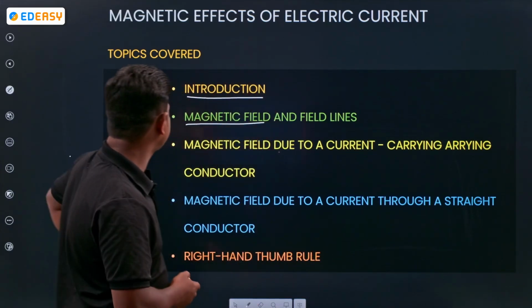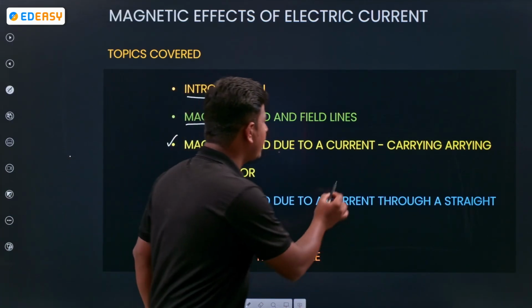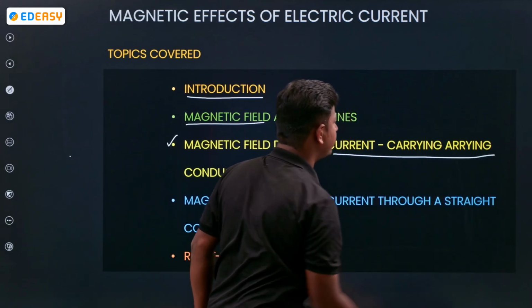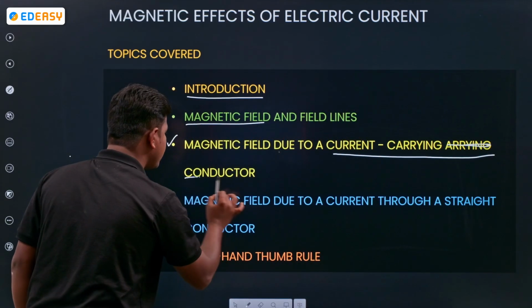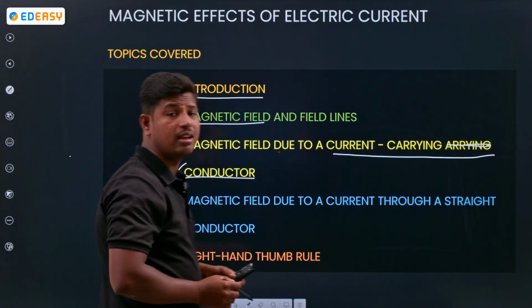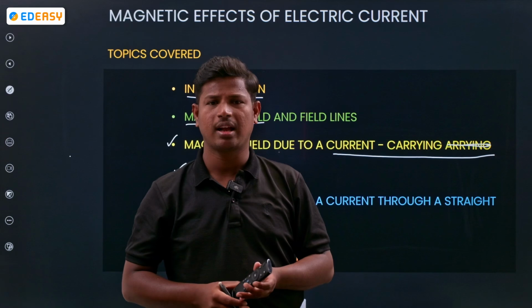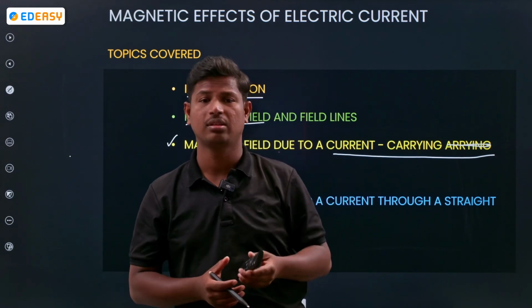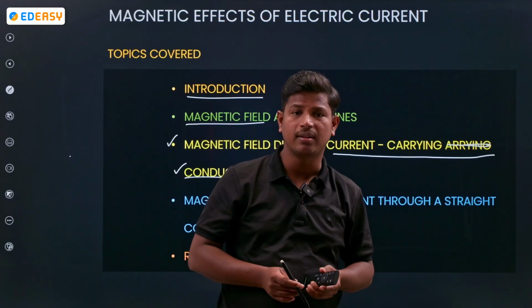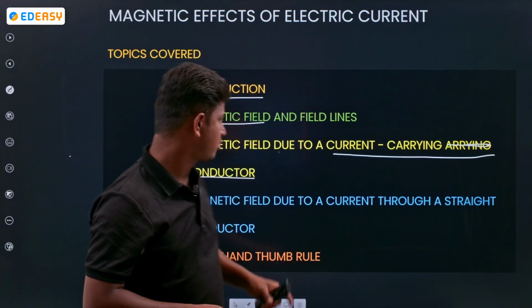Next, magnetic field due to a current carrying conductor. If you take a current carrying wire, how the magnetic field behaves, those relations we will discuss in this topic.